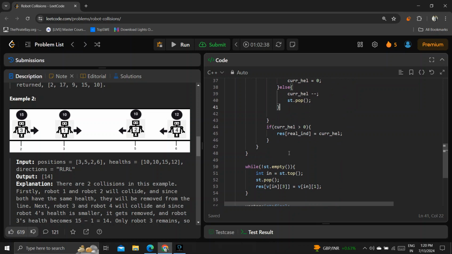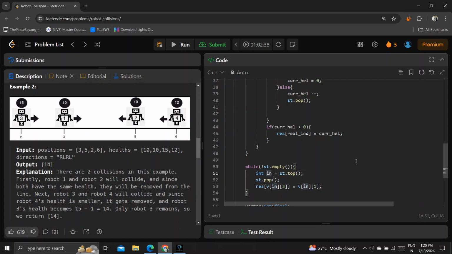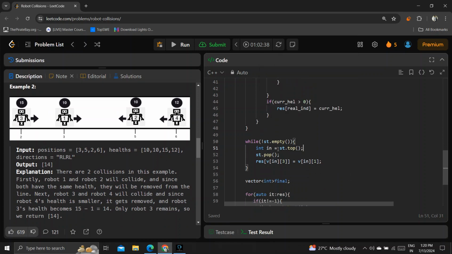But there is one problem: the stack. Suppose this robot dies and this robot dies, then our resultant vector is empty, because our stack contains the values of the robots that have survived. So we have to empty this stack. I will empty this stack, right? And stack dot top contains the index, like one index is here.